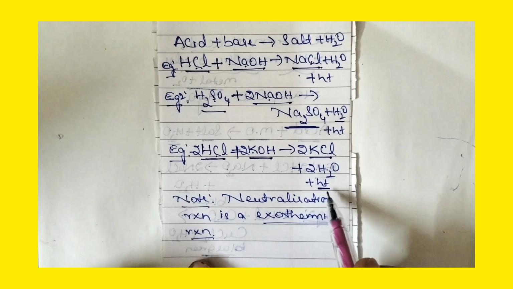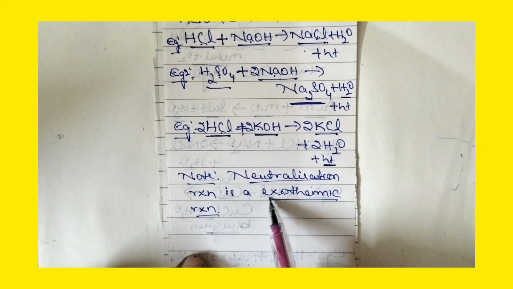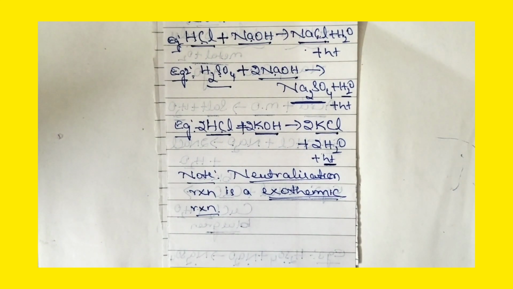Since energy is released in the form of heat, neutralization reaction is called an exothermic reaction. In the exam, they can ask: is neutralization an exothermic reaction or an endothermic reaction? Give reason. Neutralization is an exothermic reaction because during a neutralization reaction energy will be released in the form of heat. Therefore neutralization reaction is called an exothermic reaction.